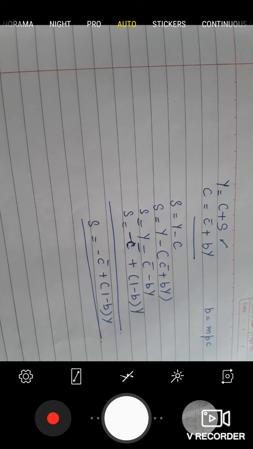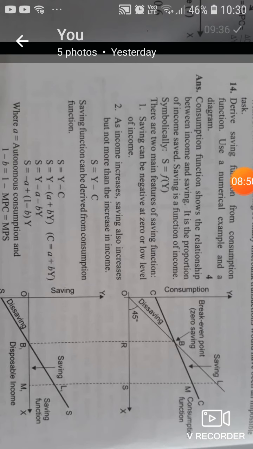Okay, they have used different denominations. जैसे हमने C bar यूज़ किया है, they have used A. Okay, so don't get confused. A is autonomous consumption, and 1 minus B क्या हो जाएगा? If B is MPC, 1 minus MPC is MPS, that is marginal propensity to save. Okay, in this way we derive the saving function from the consumption function.